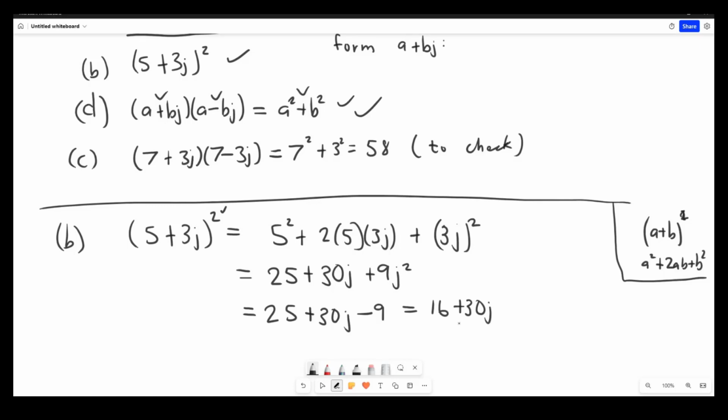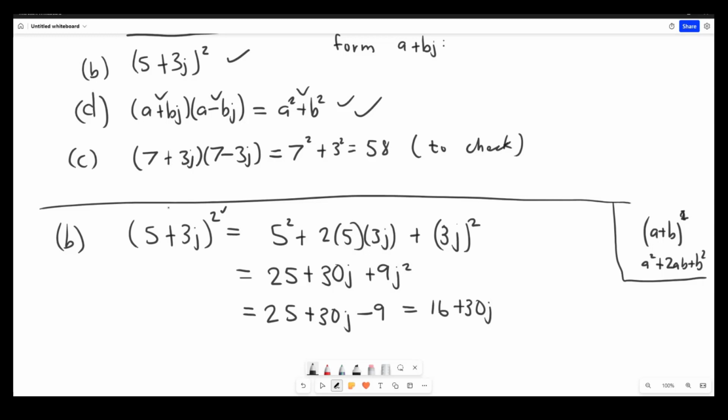Because 5 squared is 25. 2 times 5 times 3 is 30j. Minus 9, because j squared is minus 1 and 3 times 3 is 9. 25 minus 9 is 16. Yeah, seems fine. Okay, guys, so there it is. I don't think you should have problems with that, right?